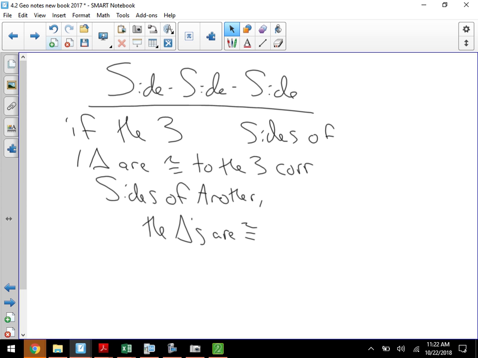It's a shortcut way to show that something's going to wind up being congruent. Basically, you just have to have all 3 sides congruent to one another.